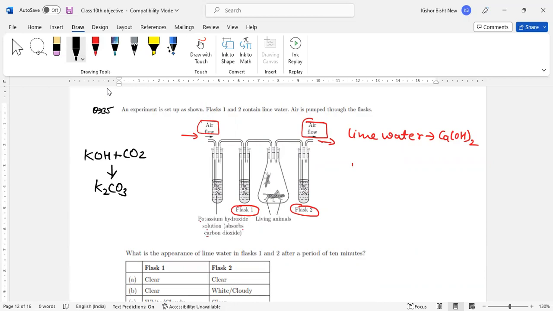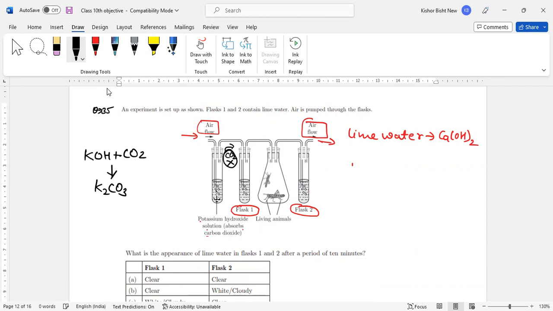Whatever carbon dioxide comes through here will be absorbed in this one and form K2CO3, and the rest goes to flask 1. Clear? So it means in this test tube, no CO2 flows.